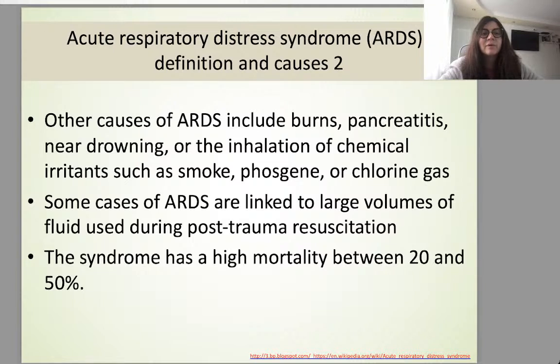Some cases of ARDS are linked to the large volumes of fluid used during post-trauma resuscitation. This syndrome has a high mortality between 20 and 50%.